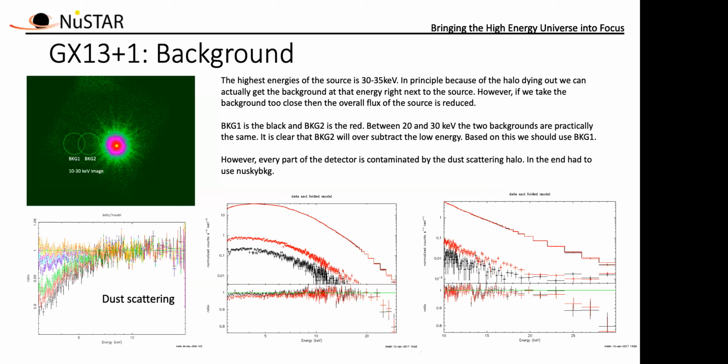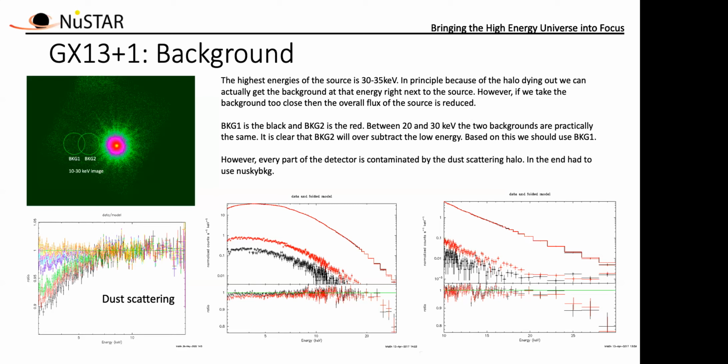The low energy photons get scattered into the wings, and at about 7 keV the dust scattering halo is gone. So at low energies, depending on the size of your extraction region, your spectrum looks different. That's what the dust scattering does.